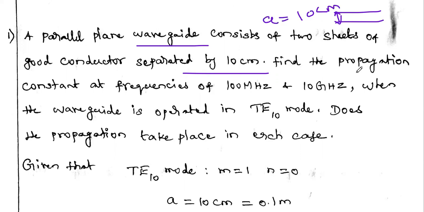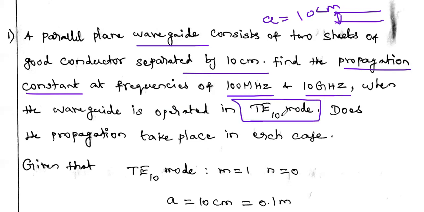The question is to find the propagation constant eta at the frequencies of 100 megahertz and 10 gigahertz. At the two operating frequencies, we have to find the propagation constant when the waveguide is operated in TE10 mode.